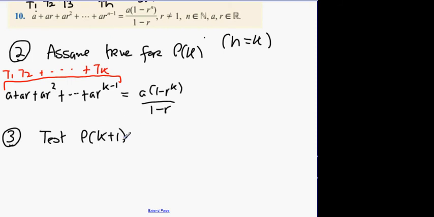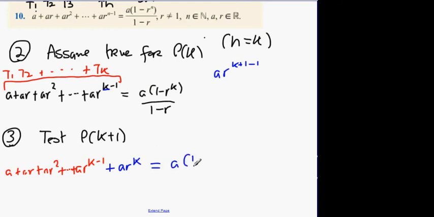This time we're going to have an extra term, so it's going to be A plus AR plus AR squared plus dot dot dot plus AR to the k minus 1. Now we have this extra term, which is replacing k with k plus 1, so it's going to be AR to the k plus 1 minus 1. Replacing k with k plus 1, then we're just going to have AR to the k. And this equals A into 1 minus R to the k plus 1, all over 1 minus R.